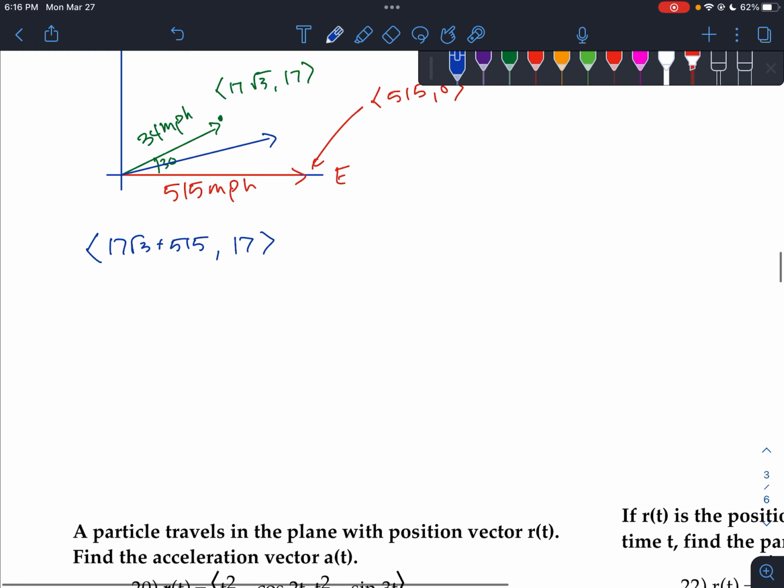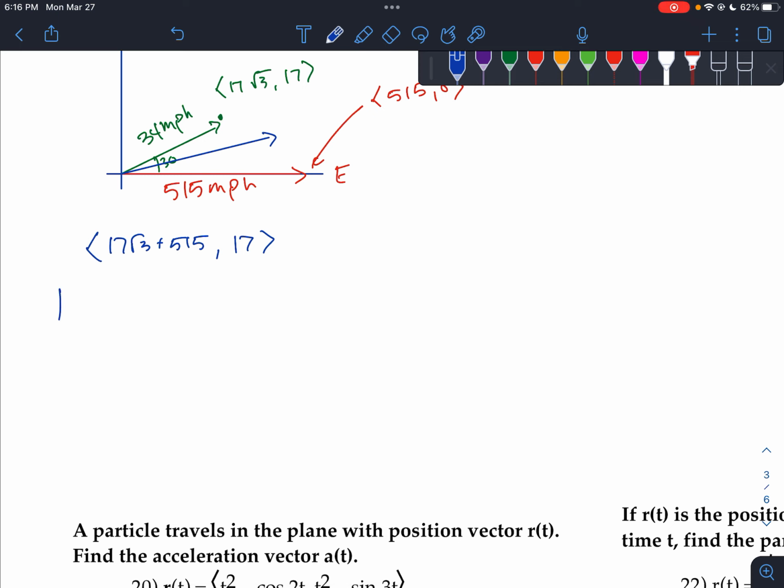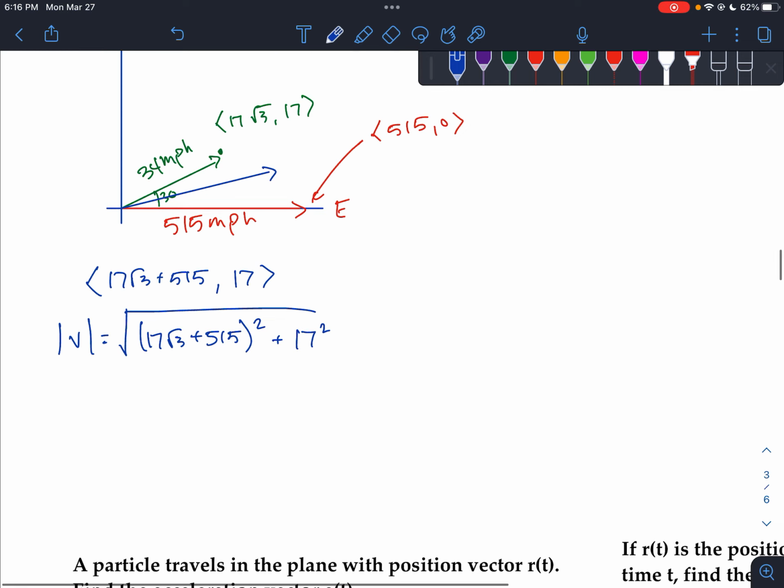Speed is going to be the magnitude, which would be the square root of x squared plus y squared. So the square root of (17 square root of 3 + 515) squared plus 17 squared. That's going to be your new speed, in miles per hour, so you can throw that into a calculator and get the answer.